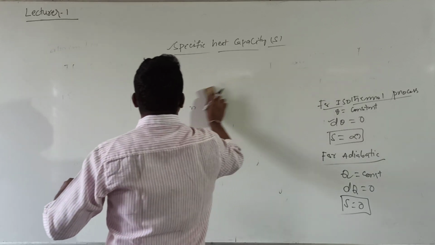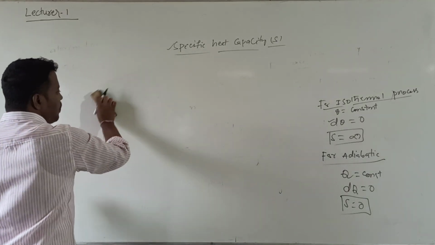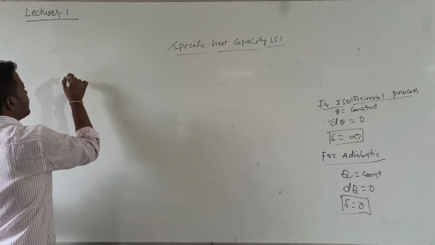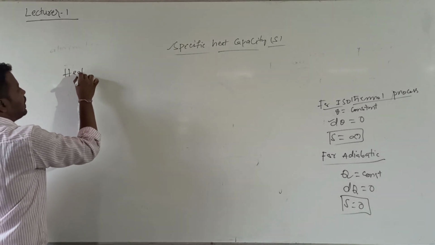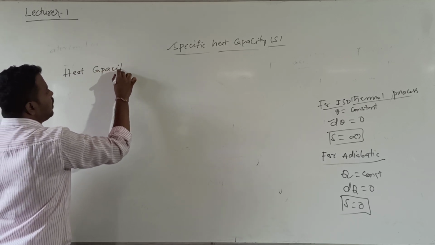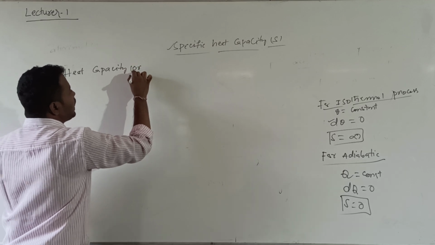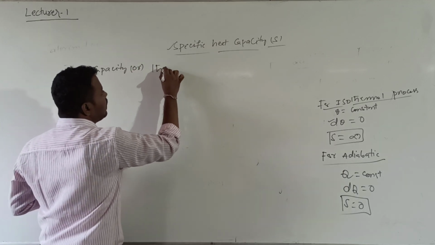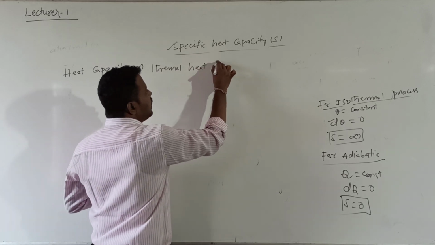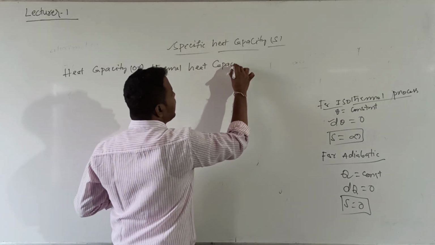Okay. So after completion of the specific heat capacity, next we will discuss, what is the heat capacity? In specific heat capacity, we specify the mass, whereas in heat capacity, this is also called thermal capacity, thermal heat capacity. What is thermal heat capacity?